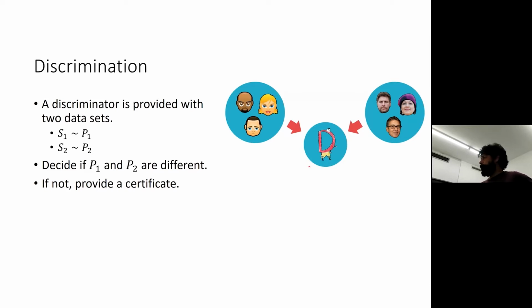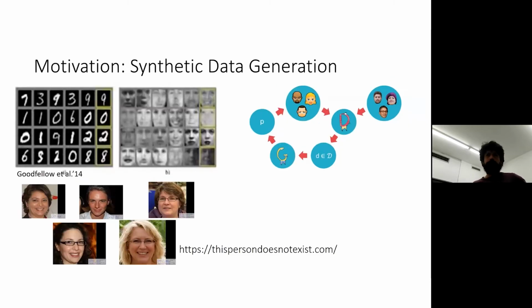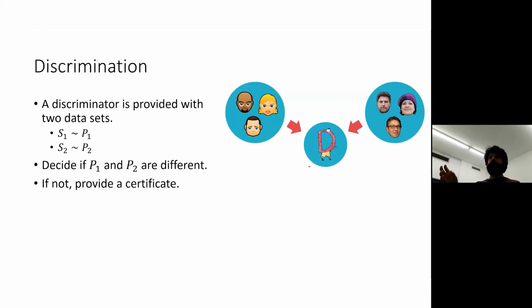So this task won some attention lately. Discrimination, like I said: you have a discriminator, it gets two distributions, and what it needs to do is decide if the two distributions are distinct or if they are the same. I'll talk about it also in the context of learning. It's sort of a learning problem, but lately people are interested in generating data that look like real data.